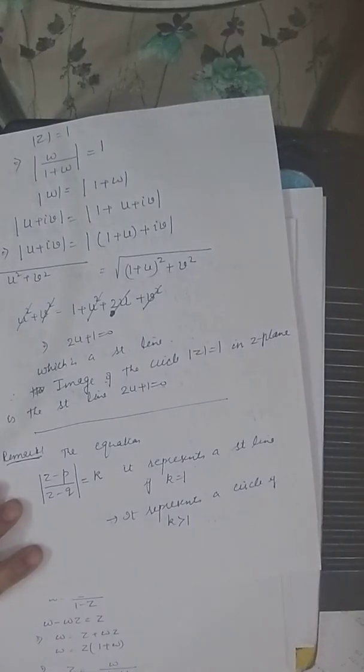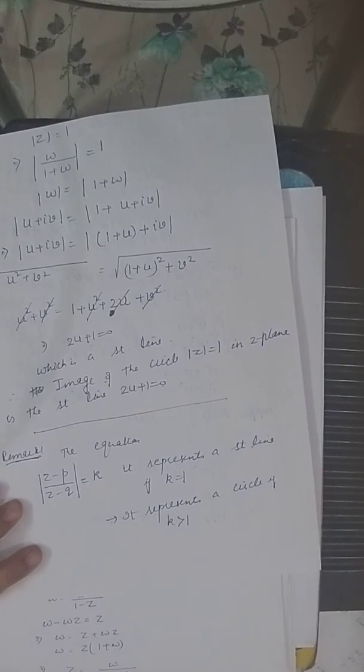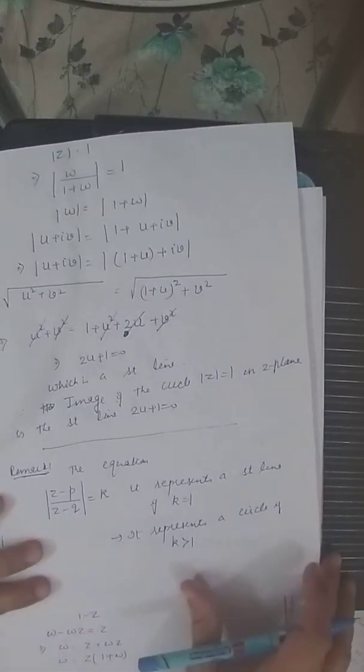If k is equal to 1, then this is the equation of a straight line, and if k is greater than 1, then this is the equation of a circle. Now the next sum is based on this idea.